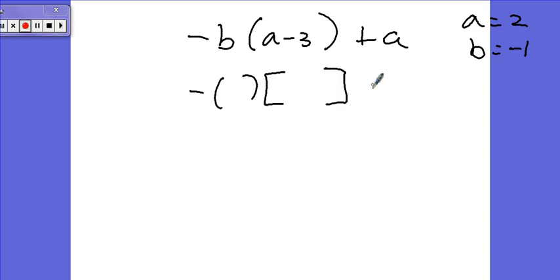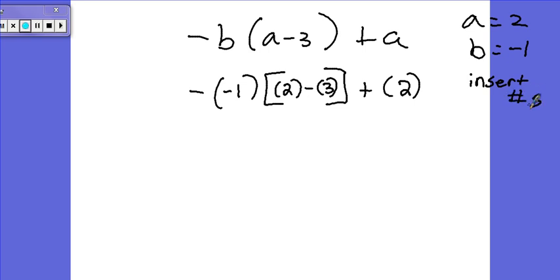I don't always agree with everything the book says. So your very first step would be to insert the variables. When you're told to justify, my first step would be insert variables, or insert numbers.